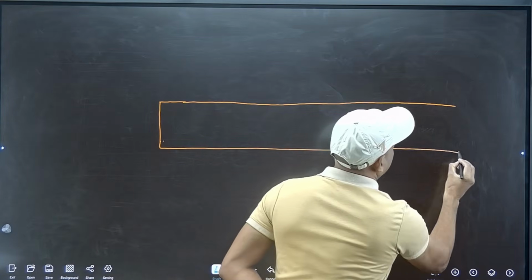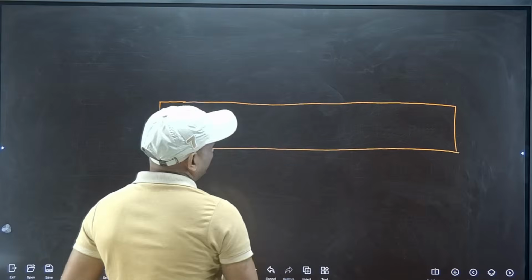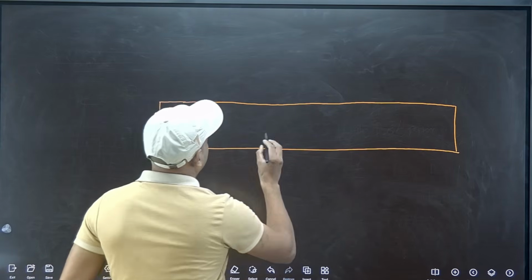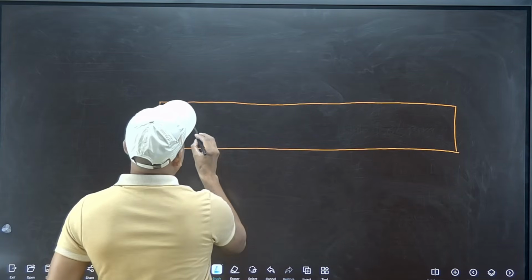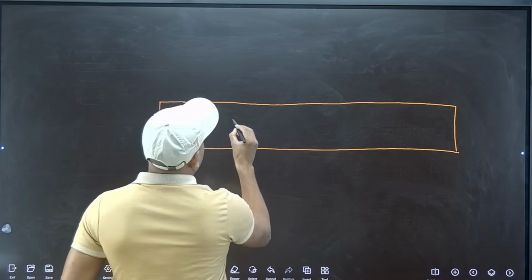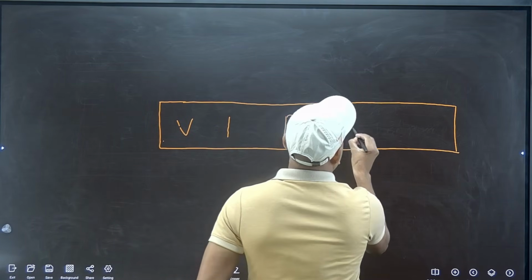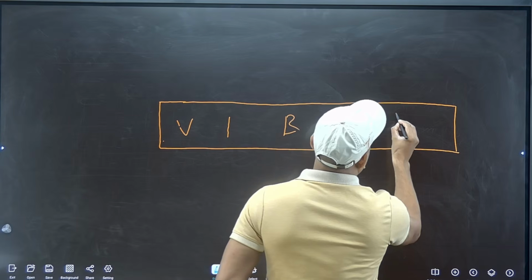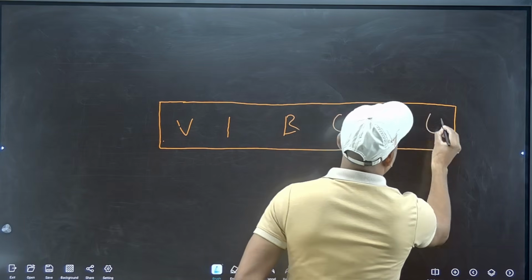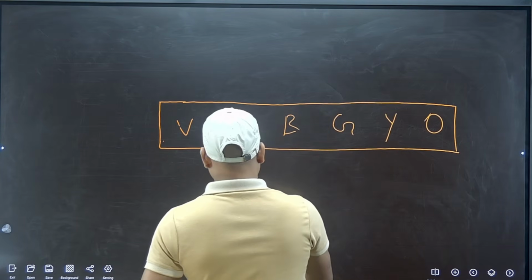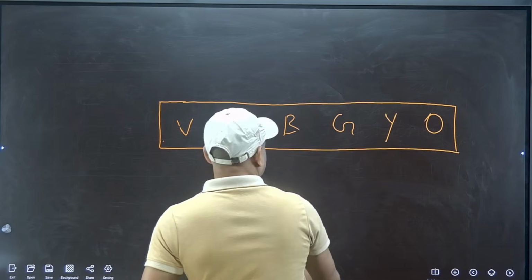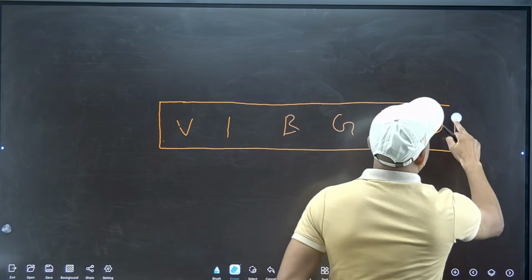Be very attentive. As we know, the spectrum of our visible light, that is Vibgyor, as we know the formula: violet, indigo, blue, green, yellow, orange, and red.